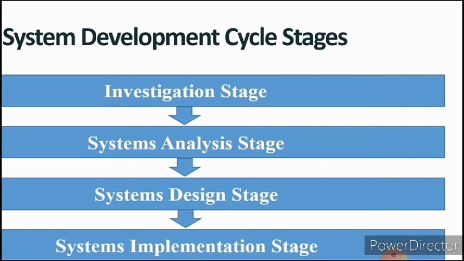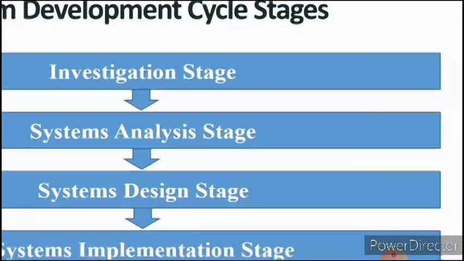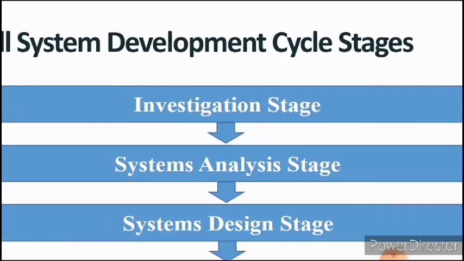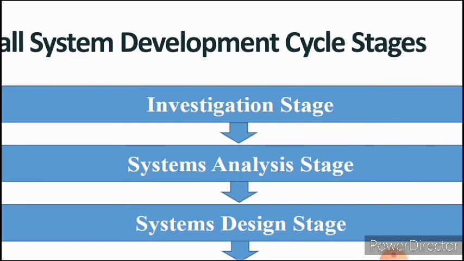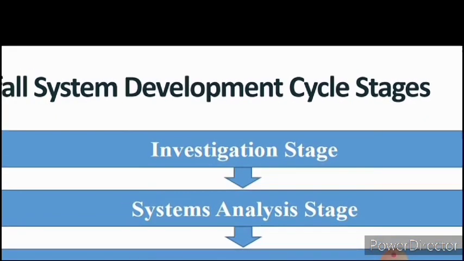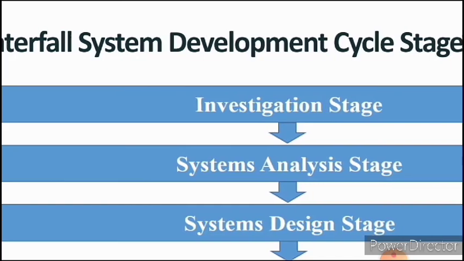The feasibility report identifies and specifies how the problem is to be solved, when it is to be solved, and why it should be solved. It defines the objectives and goals to be achieved by the new system. That is, the feasibility report is the main output of the investigation stage.